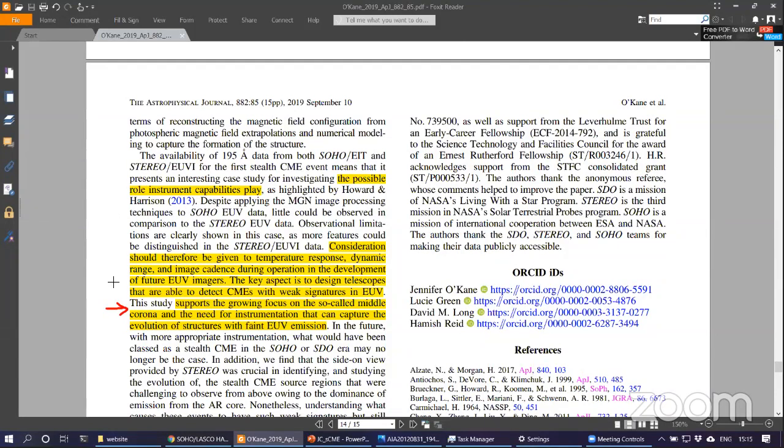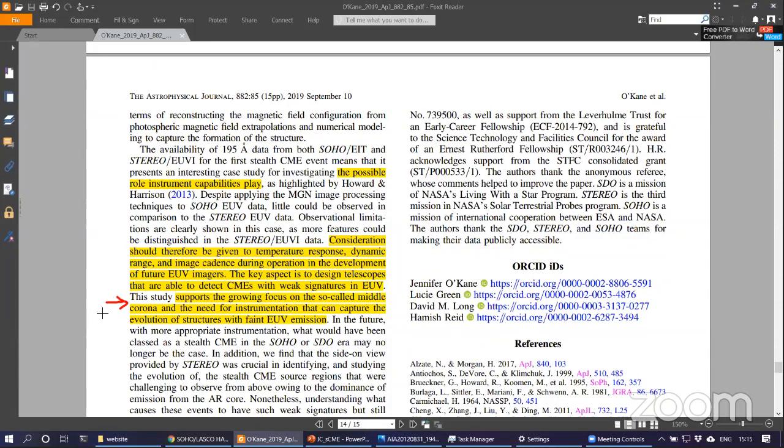Currently the UV images which I have shown till now, AIA has a field of view up to 1.3 solar radii, UVI has up to 1.6. But even after having a 1.6 solar radii field of view, the source is believed to be higher than those particular heights. So this is emphasizing the need for future UV imagers which can cover larger distances.